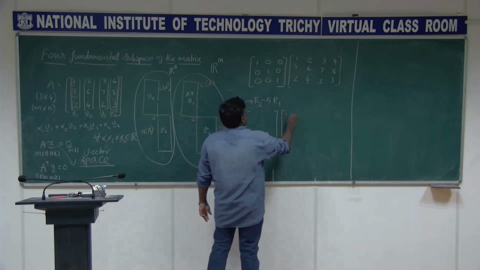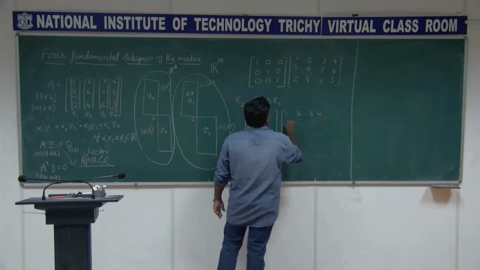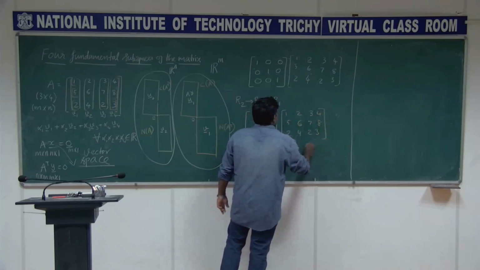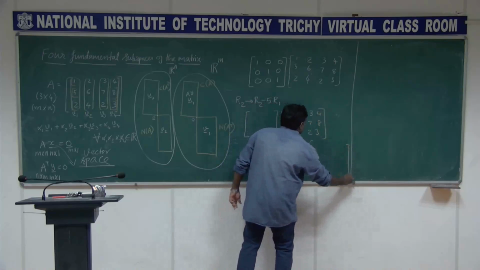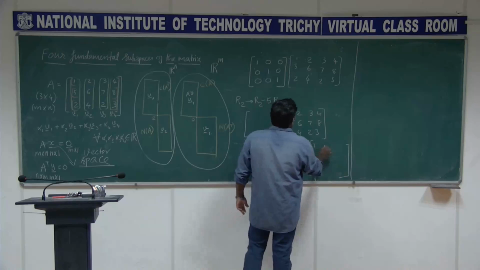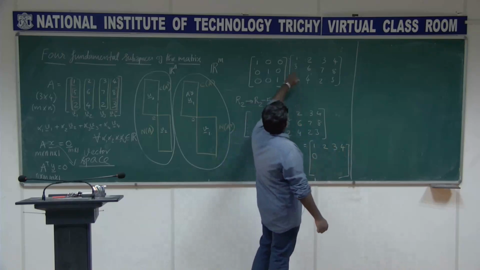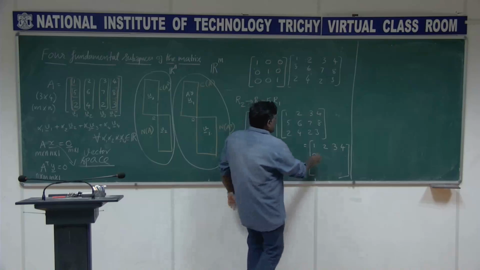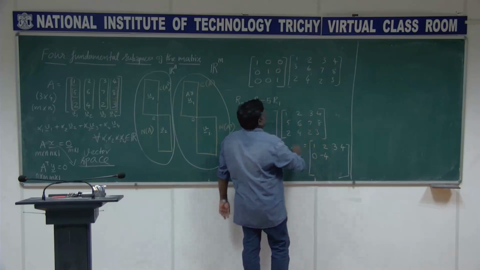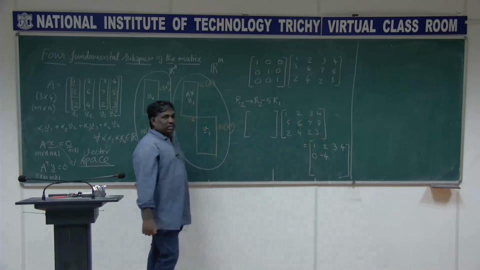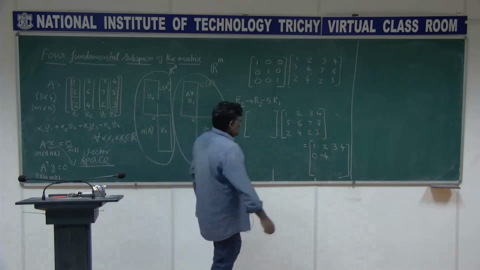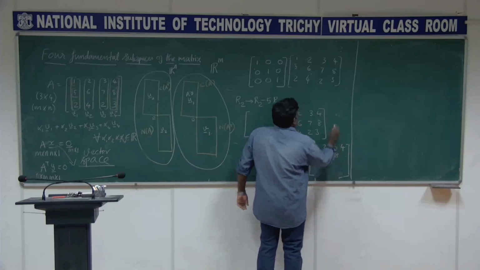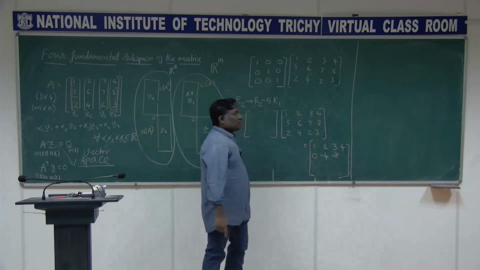If I apply this to this matrix, you get 1, 2, 3, 4 here, but this one is 0, and here 6 minus 5 times 2 is 10 minus 4. Correct me if I am making some mistake. 7 minus 5 times 3, 7 minus 15, is minus 8, and then 8 minus 5 times 4.